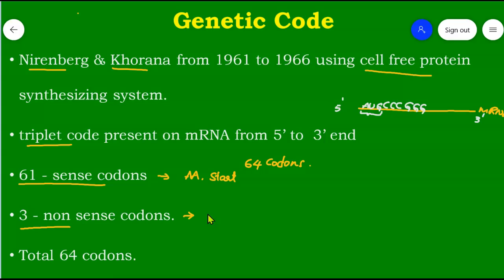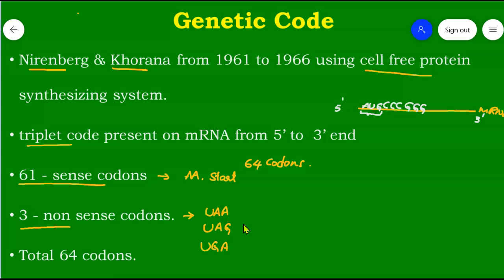That is why they do not have meaning. So usually they are called termination codons. These termination codons are UAA, UAG and UGA. These three are called nonsense or termination codons.